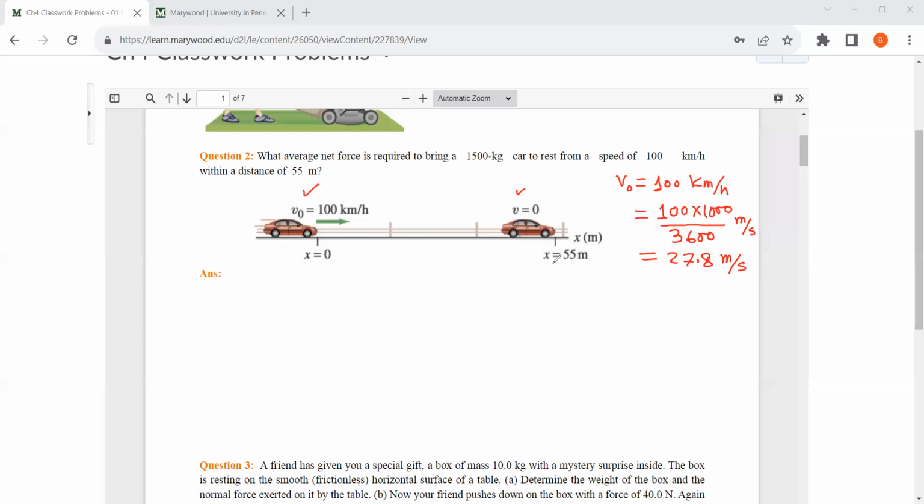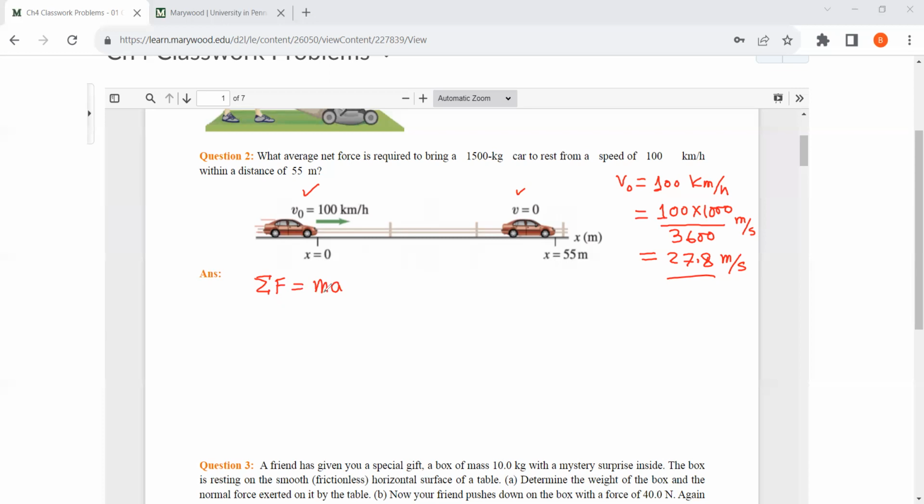So it asks what force we need to stop this car while it was running at 27.8 meter per second. If you want to stop it, you have to hit the brake, right? Braking means you are applying force, and that force we have to calculate. Now we know that F net, or the sum of F, is equal to ma.